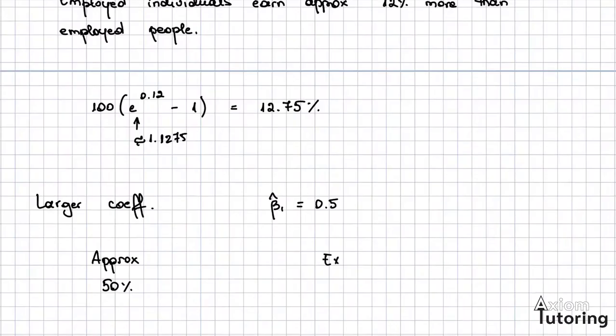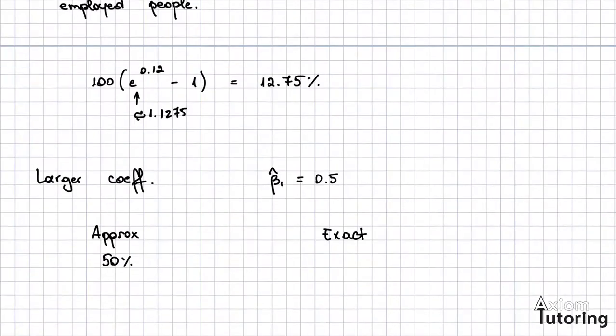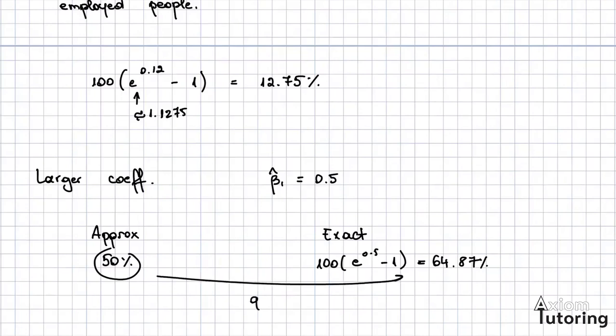With the exact computation using the e to the power beta 1 formula, we would have 100 times e to the power 0.5 minus 1, which should give you 64.87%. So as you can see now, this approximation is quite far off, right? Which brings us back to a lesson that we have already learned in the log level model. If the coefficient is small, then the approximation is fine, but if it is larger, always use the exact formula.